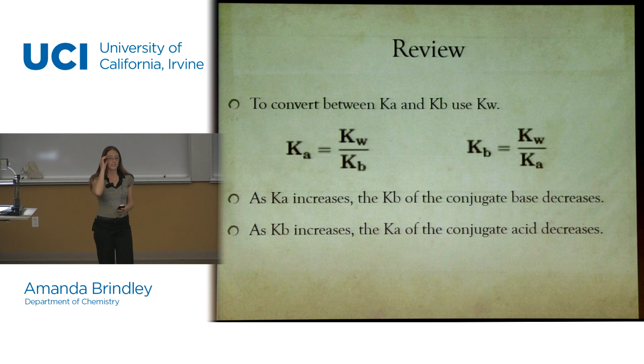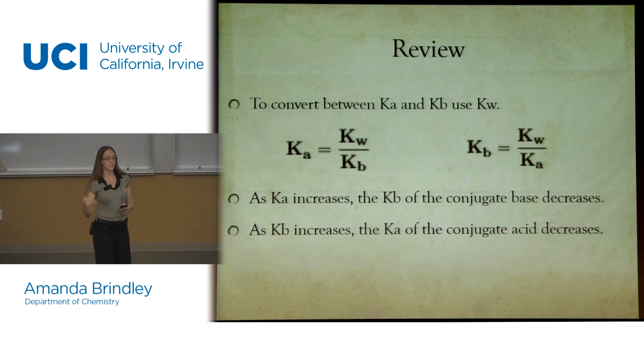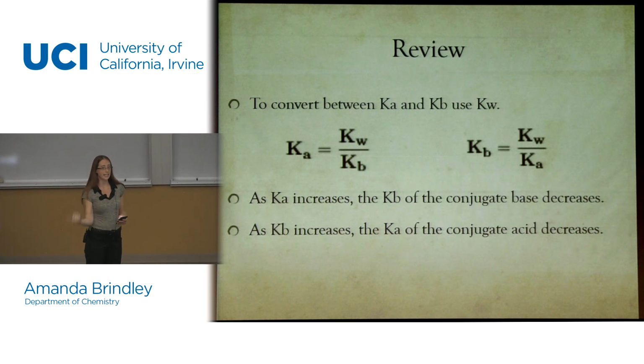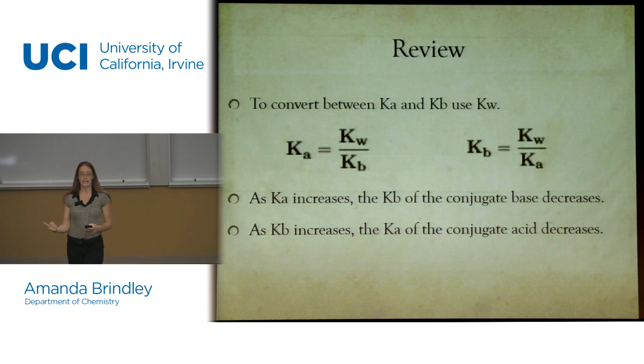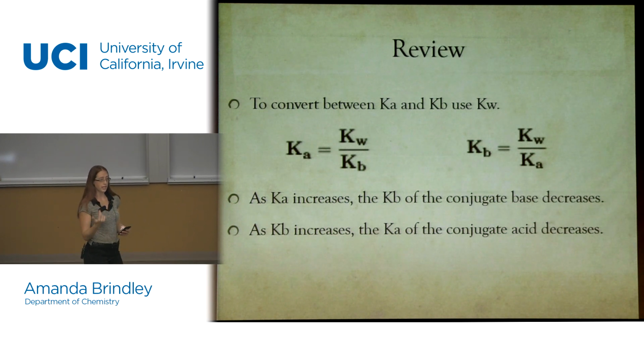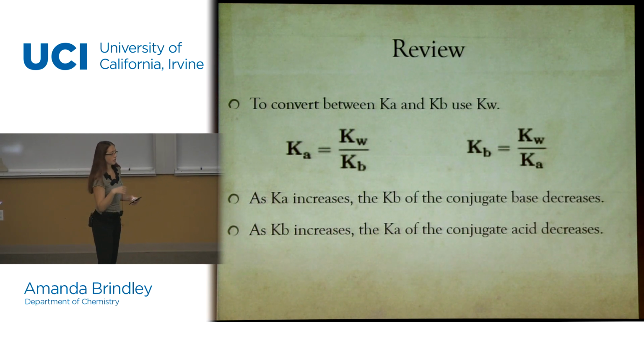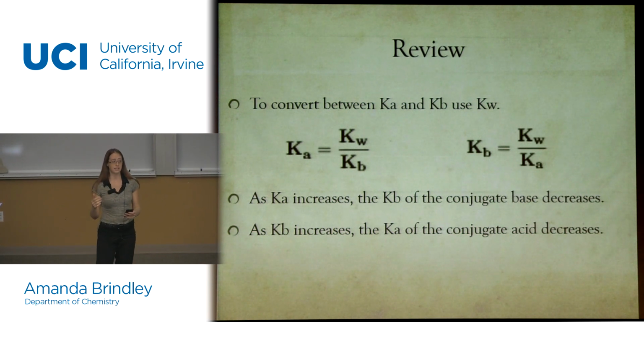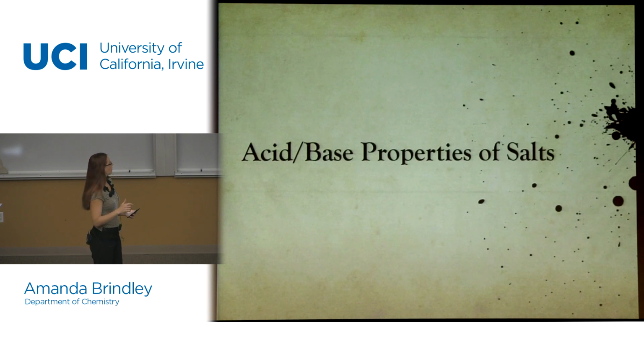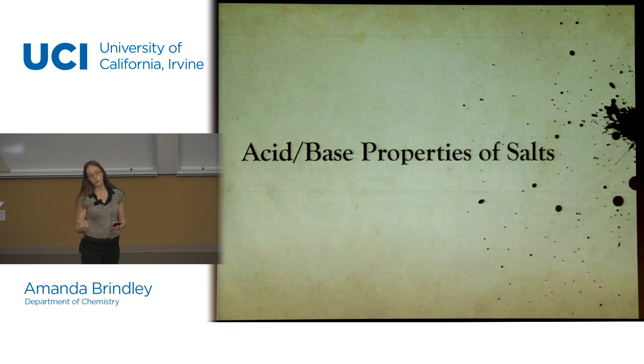Okay. Now the reason I emphasize those last 2 points is that it leads us into what we're doing now, right? So the stronger the acid, the weaker the conjugate base. The stronger the base, the weaker the conjugate acid, and vice versa. Now, this section should not really be anything new exactly.